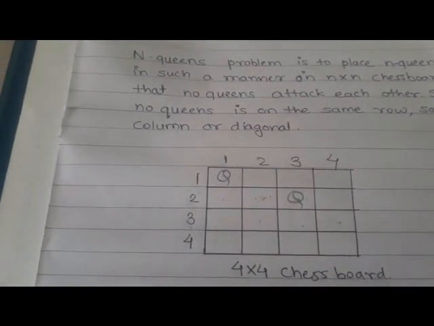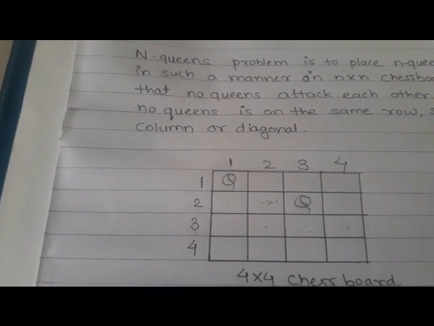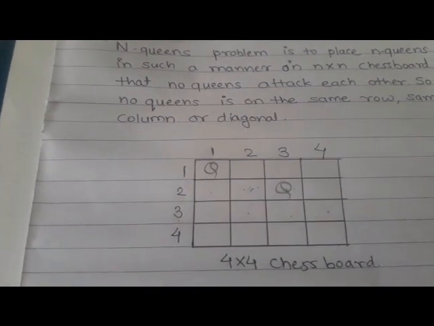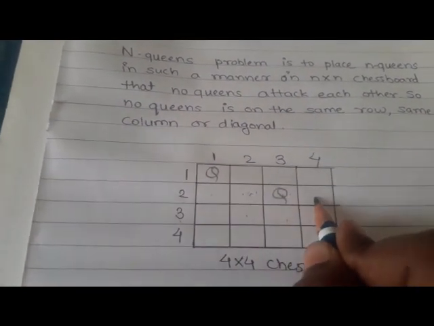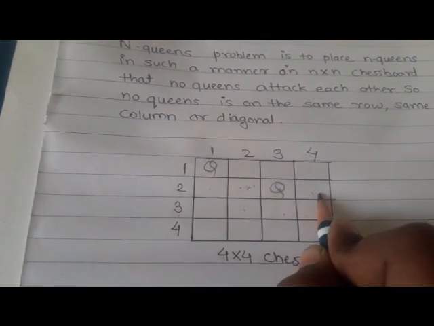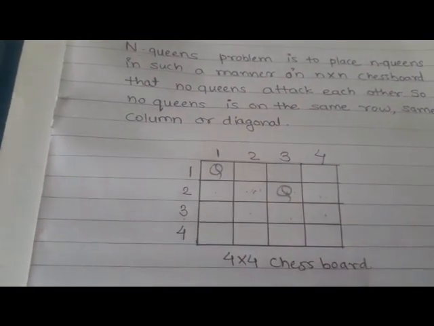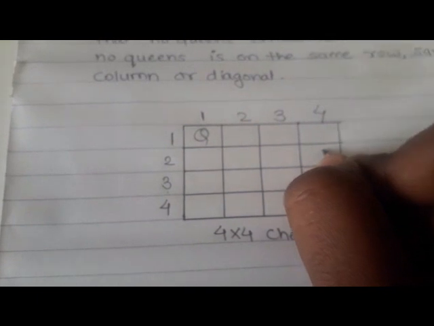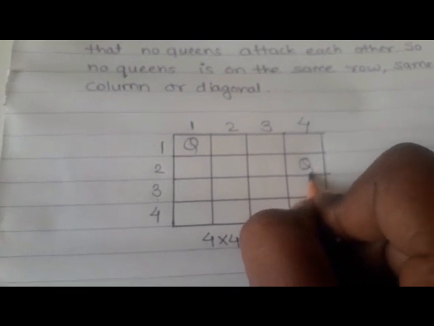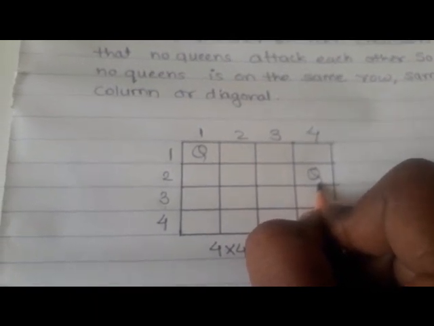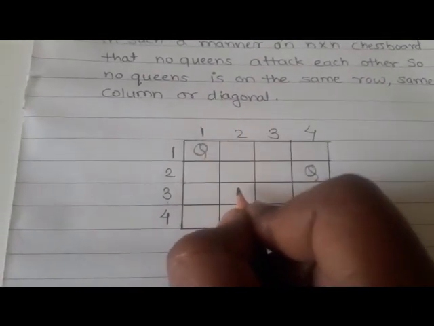we backtrack one step and place the second queen in the next column, that is second row, fourth column. Now if we place our second queen on the second row, fourth column, then we can place our third queen in the third row, second column here.